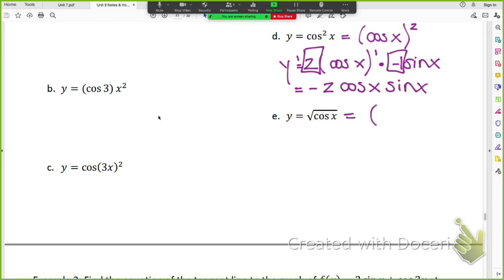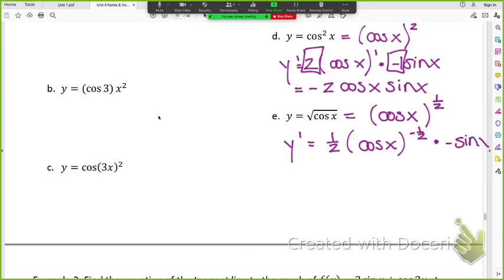All right, so before we ever do the derivative, we write it as cosine x to the 1/2 power. How do we take the derivative of something to the 1/2 power? Bring the 1/2 down front, subtract 1, and then because this is chain rule, multiply by the derivative of the inside, which is negative sine x.